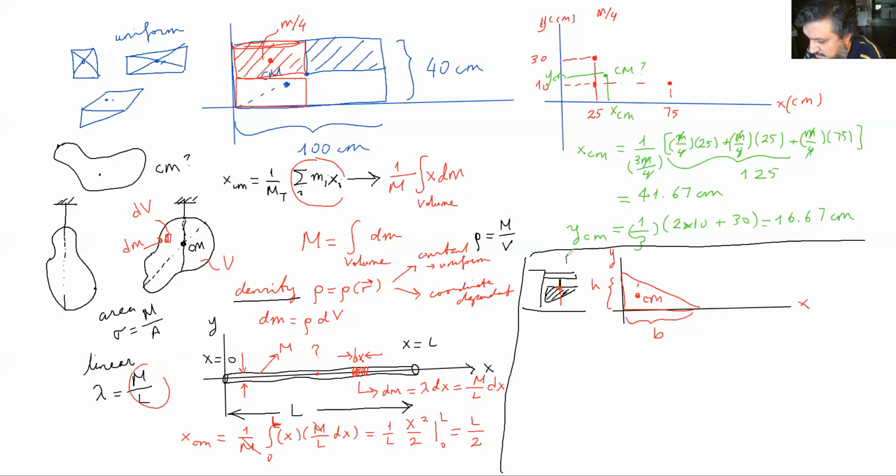I could go with a little square, sides dy and dx, or even simpler, I could think of a slab, a very tiny rectangle here. The thickness of this rectangle is dx, but the height is y.